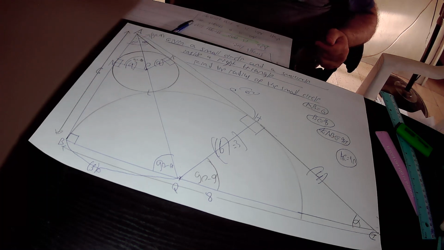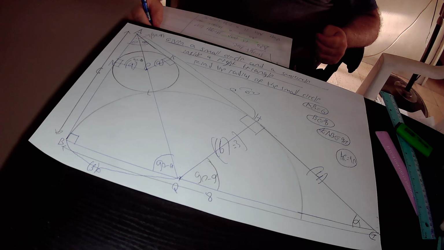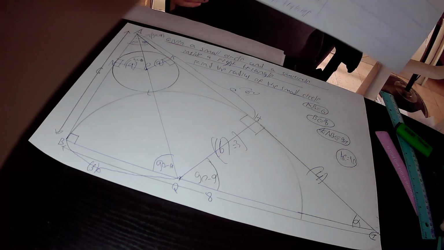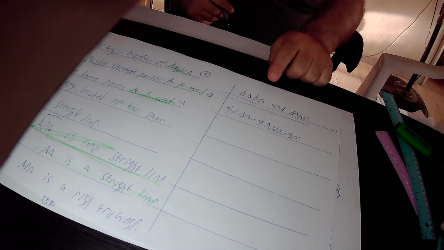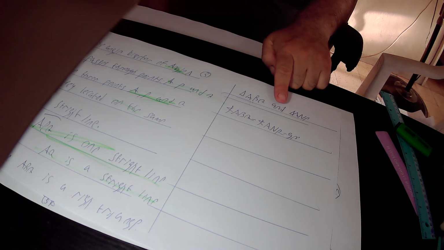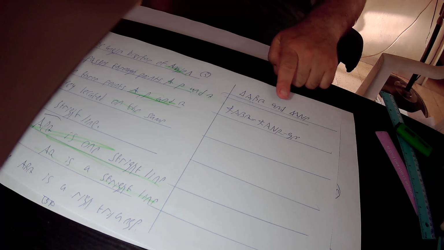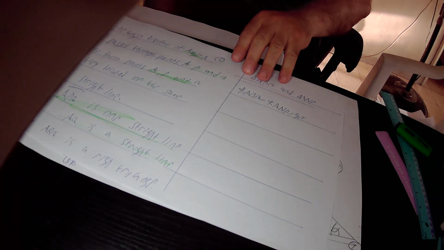So actually this is angle ABQ in the big right triangle ABQ, and it is equal to this angle, that is angle ANP in the small right triangle ANP. Again, angle ABQ equals angle ANP. They are both equal to 90 degrees, therefore they are equal to each other.